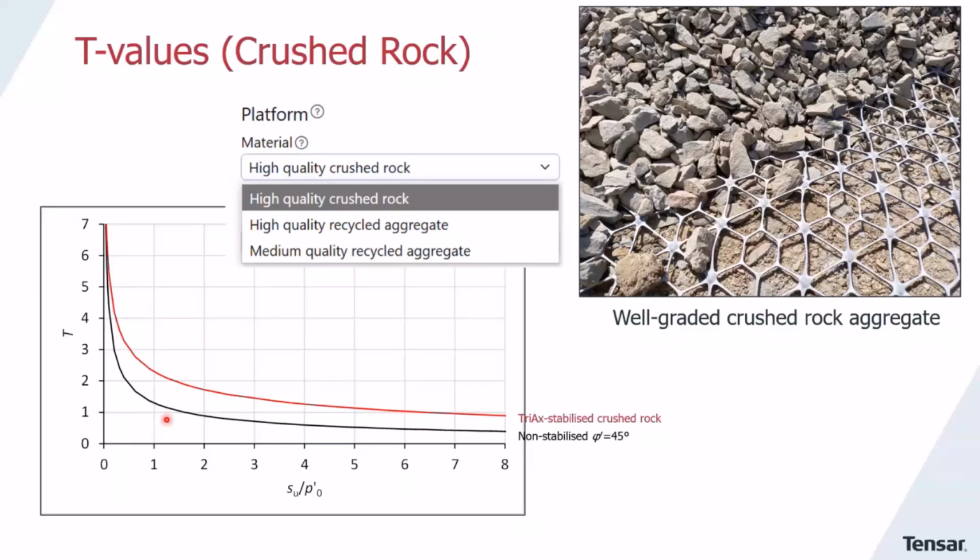So now we want to look at the influence of a tensor geogrid. What is the benefit of having a tensor geogrid in this methodology? As we can see here in the graph, without any geogrids, the transfer efficiency follows the following curve. But if we introduce a tensor geogrid, we can see that our transfer efficiency is significantly higher for our third generation geogrids.